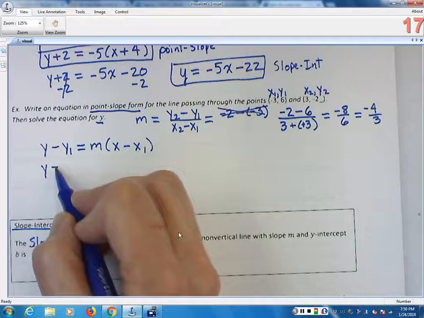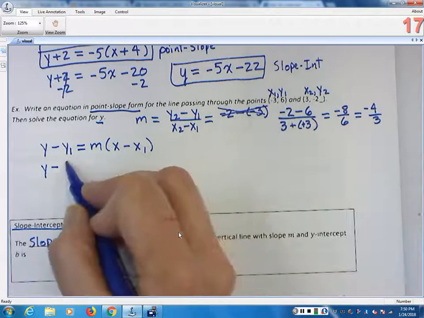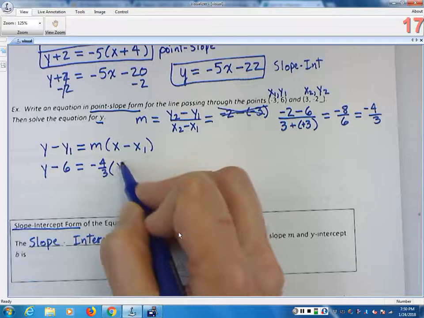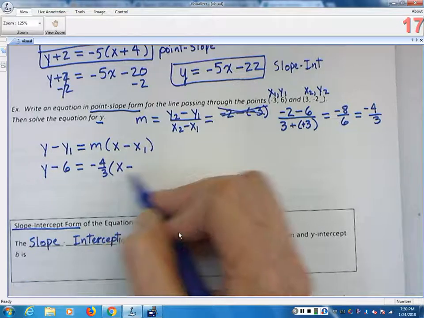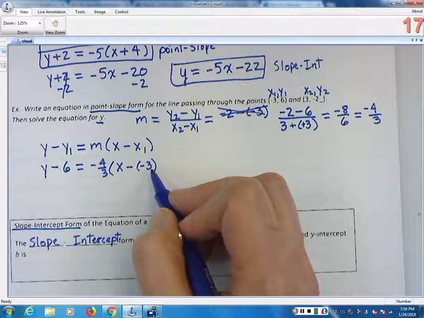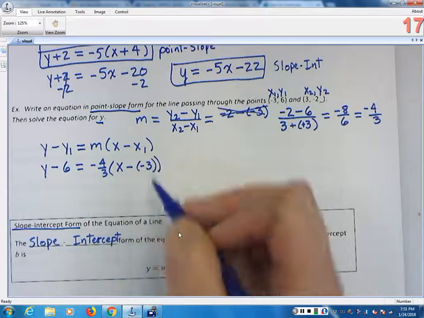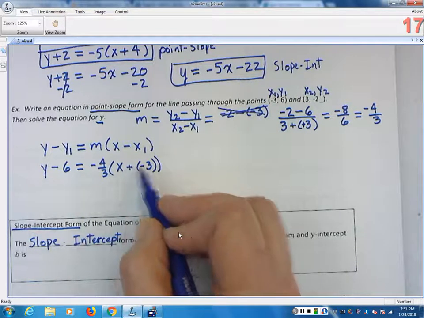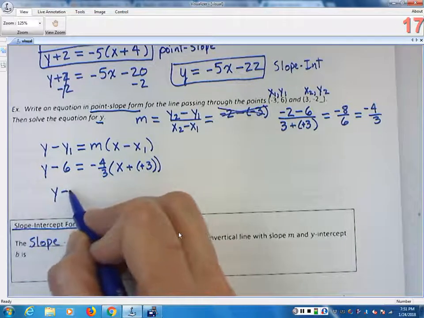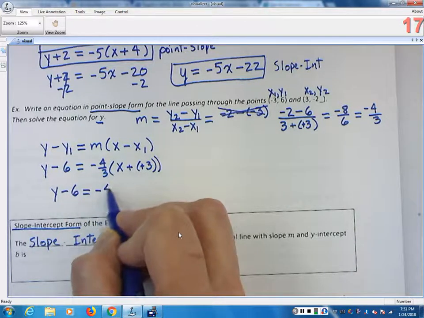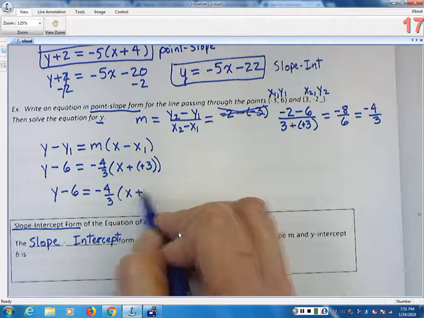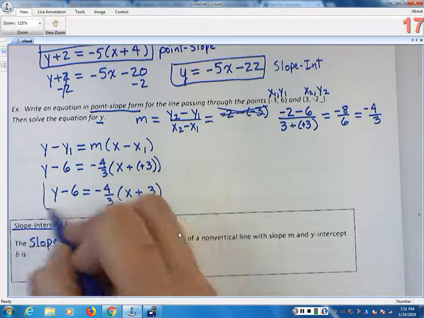Y minus 6 equals minus 4/3 times x minus a -3. This is going to be plus plus. So simplified point slope form is y minus 6 equals minus 4/3 times x plus 3. That's one answer.